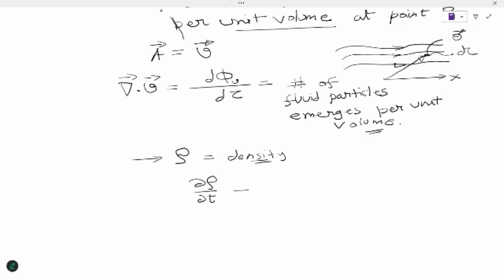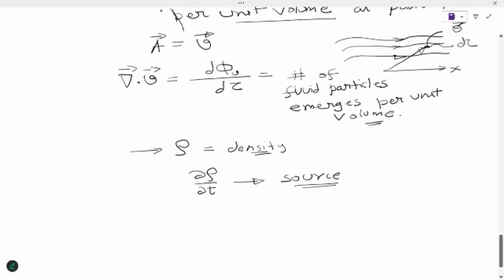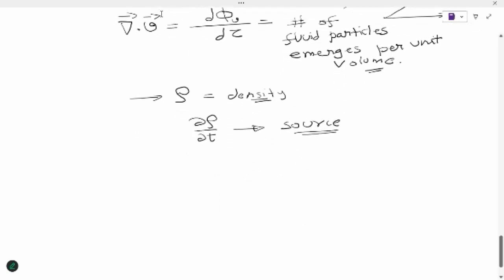That is, this denotes actually some source, because at some position the particles are being created.